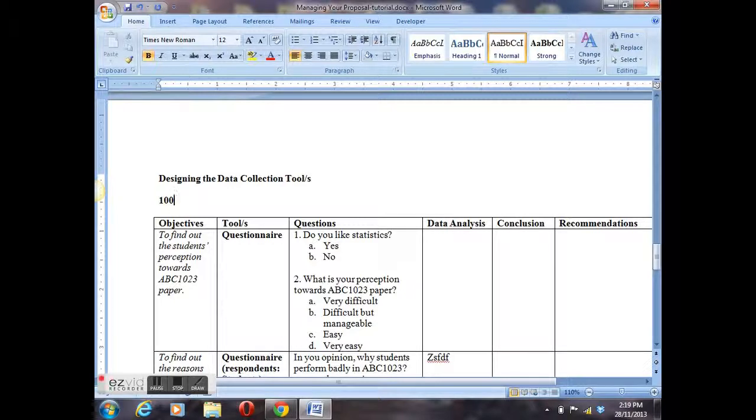Let's say in your proposal you mentioned you wanted 200 respondents, and you distributed your questionnaire, but you collected only 150 respondents.